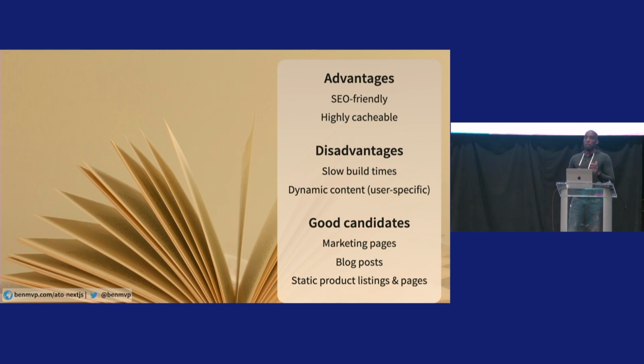So the problem, we're going pros and cons again, the problem is dynamic content. If everybody's getting the same page for every request, it's really hard to display dynamic content, right? If my page needs to look different than your page, but there's only one that's cached, that's tricky.